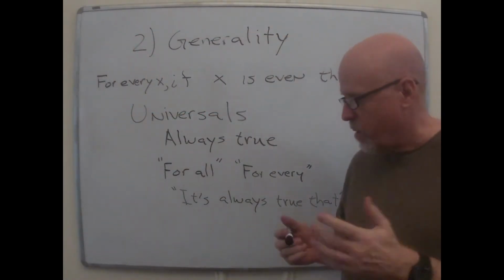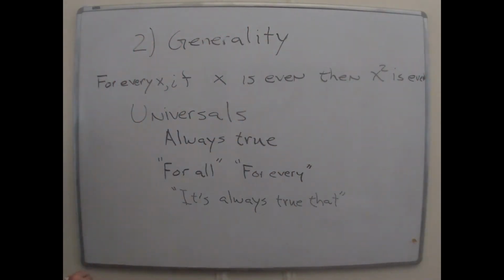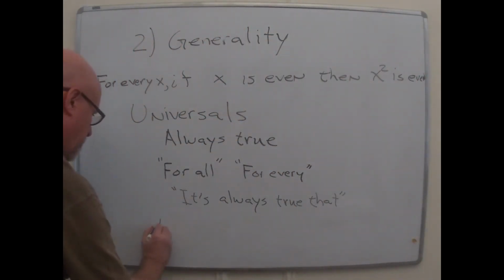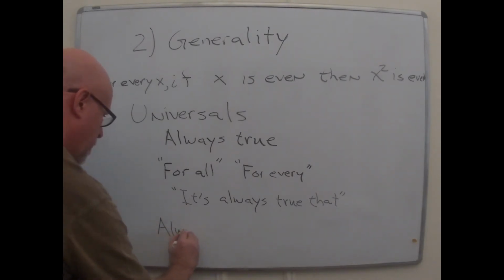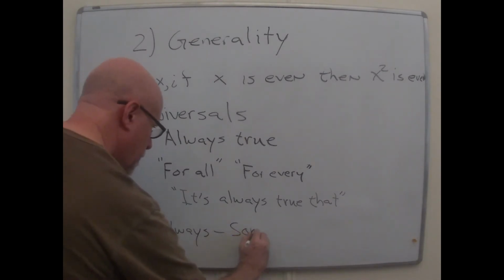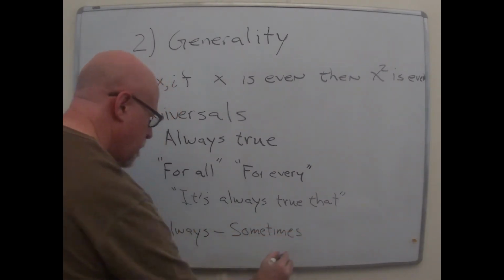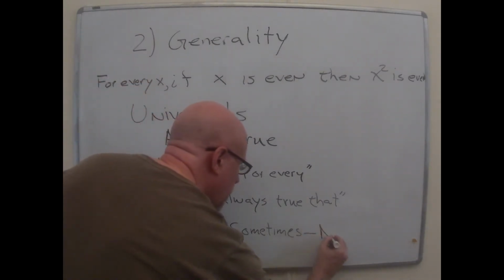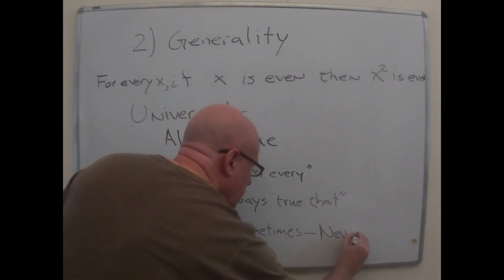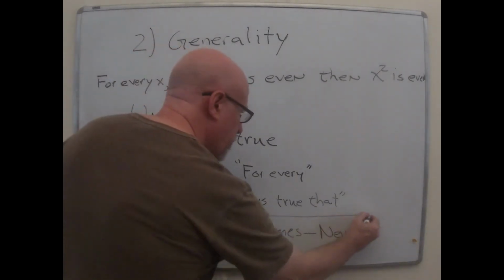In fact, I just accidentally used the distinctions that people normally make about universals versus the other kinds of sentences. We talk about always true, sometimes true, and then never true. Those are sort of three gradated possibilities for a sentence, right?